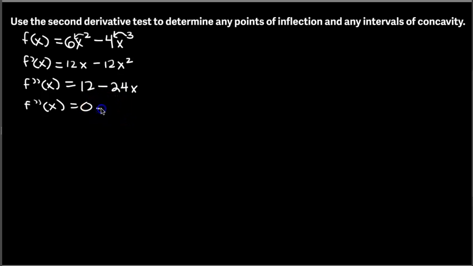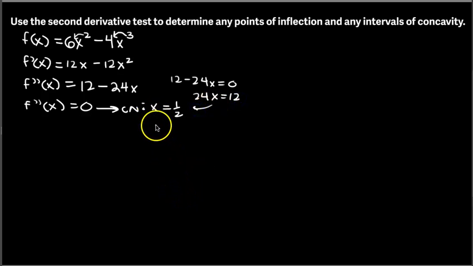So here, when we find the critical numbers, it should just be where x is equal to 1/2. That's because when you say 12 minus 24x equals 0, then you'll get 24x equals 12, so x equals 1/2. So this is our critical number of the second derivative.